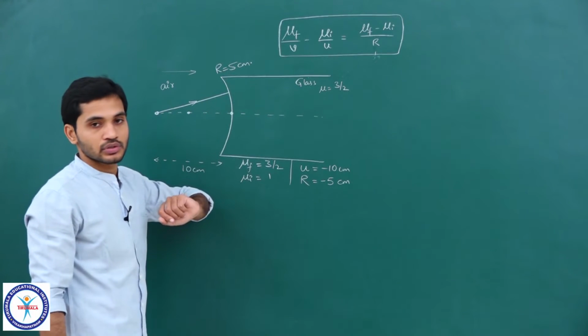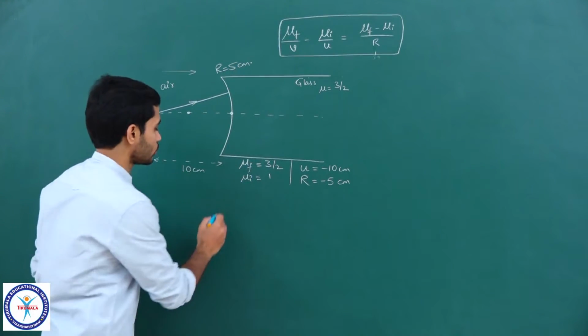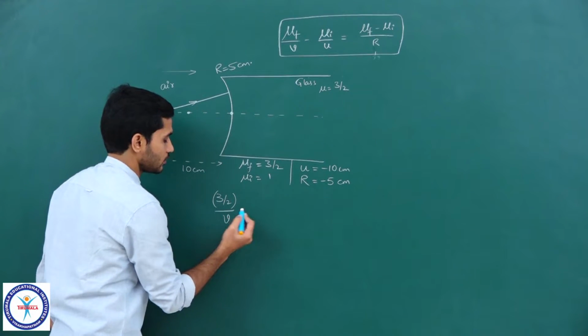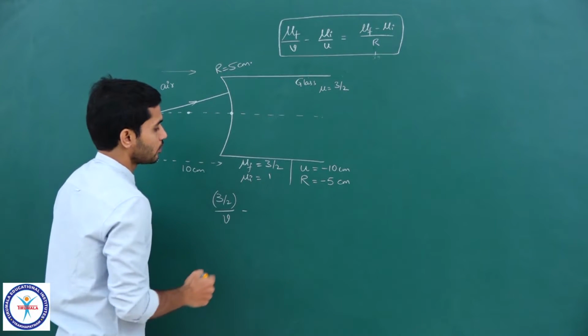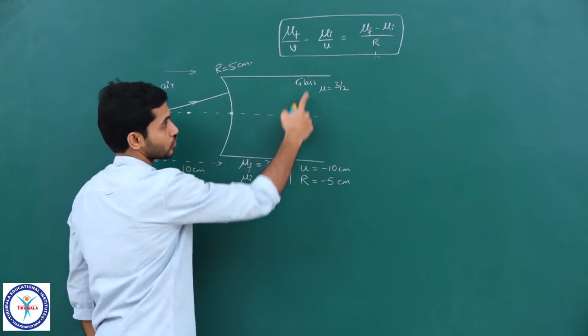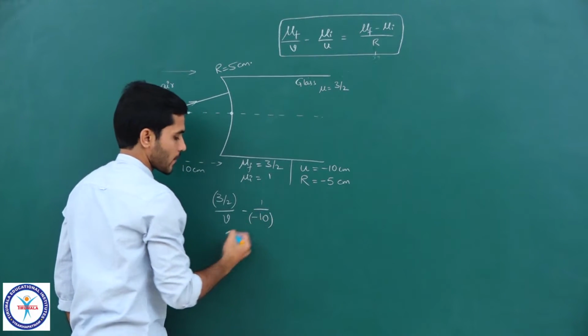Now, I will directly substitute that into the equation. So, mu final is 3 by 2. So, 3 by 2 divided by V minus mu initial, which is 1, by u. U should be substituted as minus 10, correct.